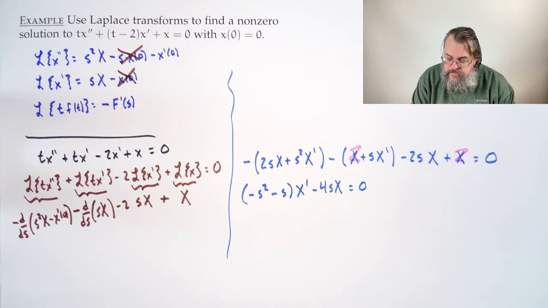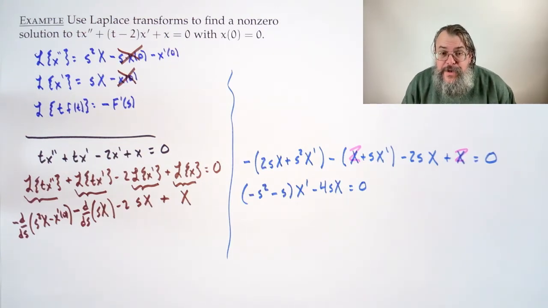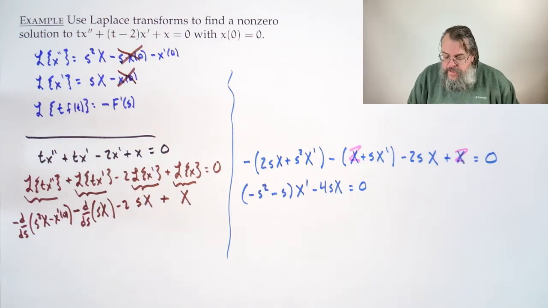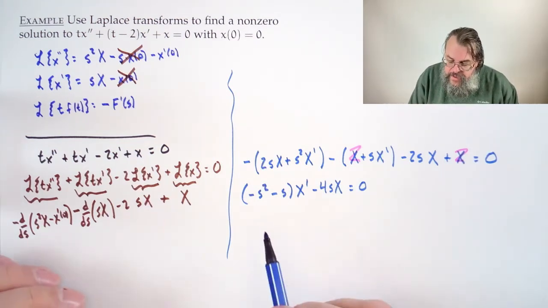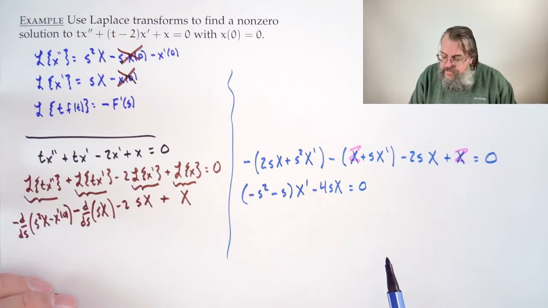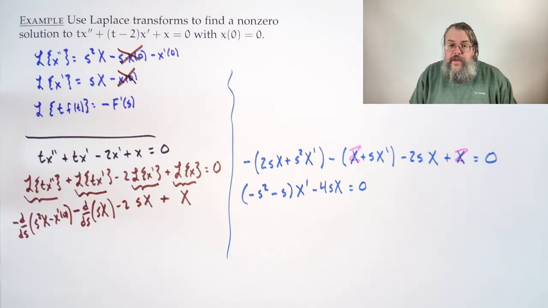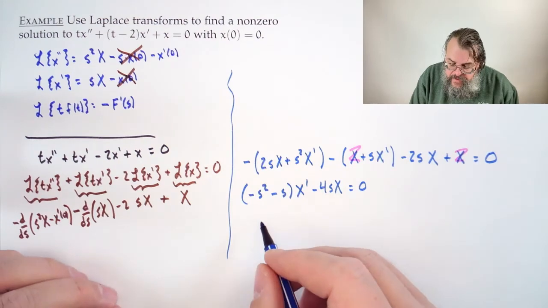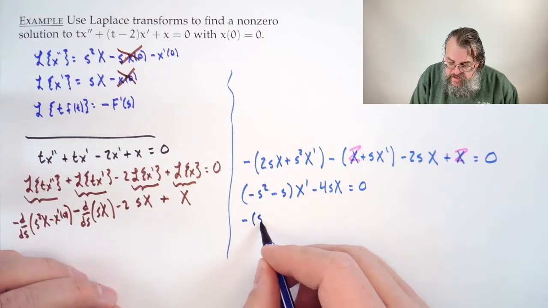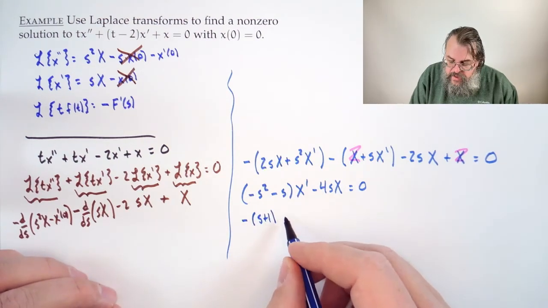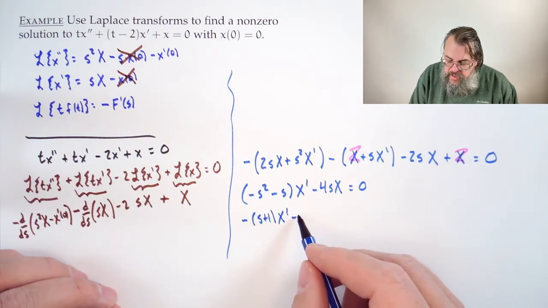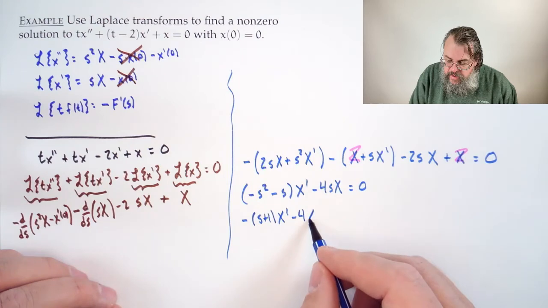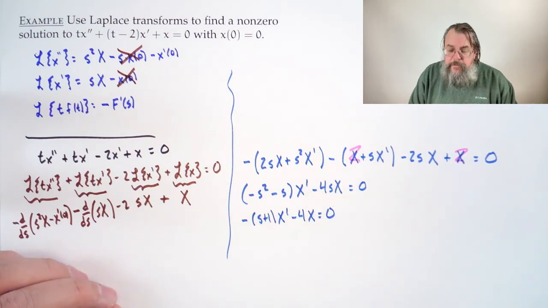Well, what can we do? We're actually kind of in luck, right? Because everything that's left has an s. Okay, let's just divide it out. So this is minus s plus 1 X prime and minus 4X equals 0.